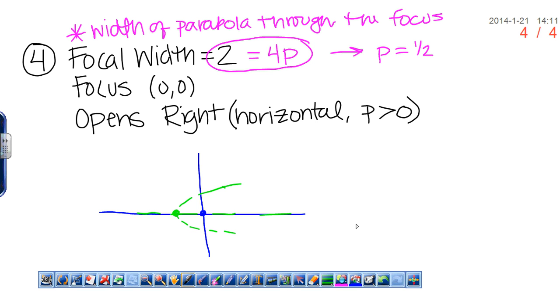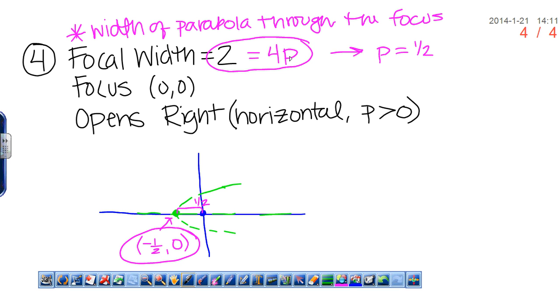Your p-value, good. Because the vertex is p units away from the focus. So this is 1/2, which puts my vertex where? -1/2, comma, 0. So here's your vertex. Here's 4p.